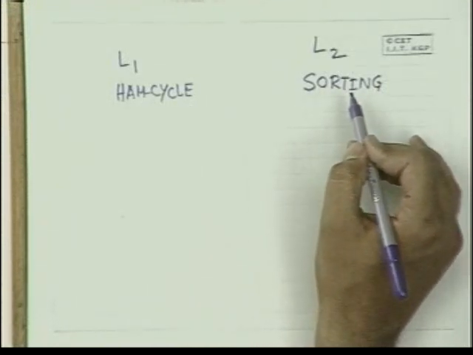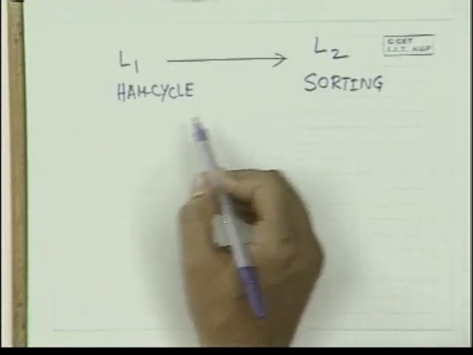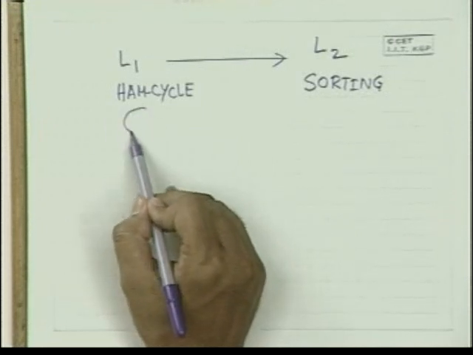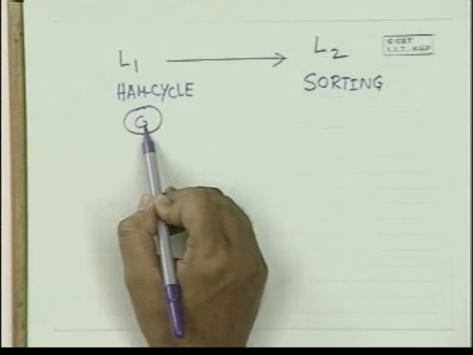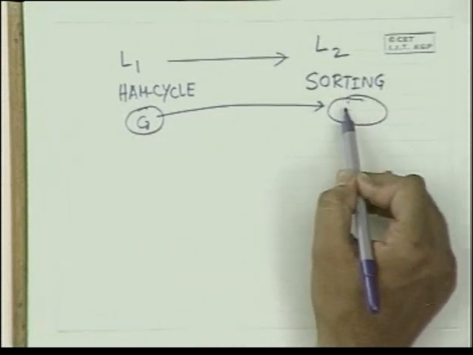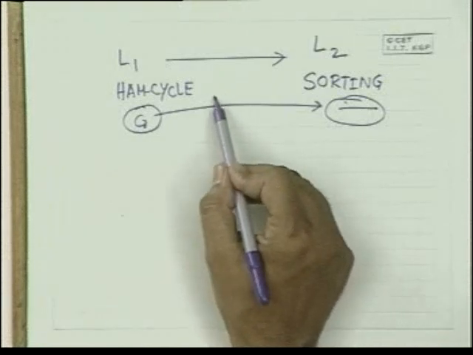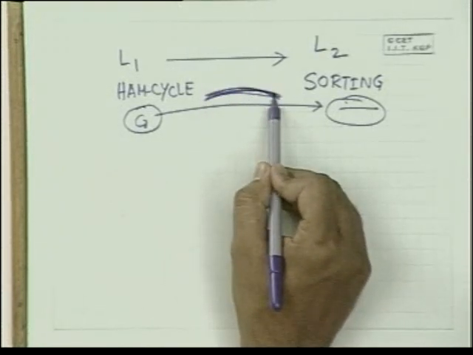Suppose we are reducing this to this. It means you have taken a graph G, an instance of the Hamiltonian problem, and mapped it to an instance of sorting. First of all, this transformation should be done in polynomial time.